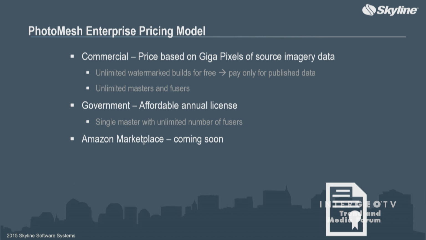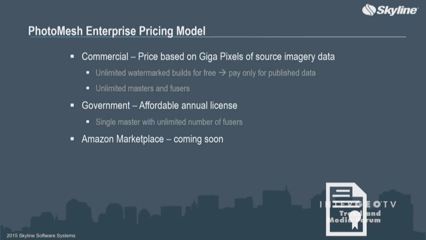And the other thing that we're introducing is a turnkey solution where you would be able to access the cloud without a need to install any software or do anything on your side. Only log in to your AWS account, and it's going to be there. We're going to have an image of a machine ready with PhotoMesh on it. PhotoMesh is going to use as many fusers as it needs automatically on the cloud.